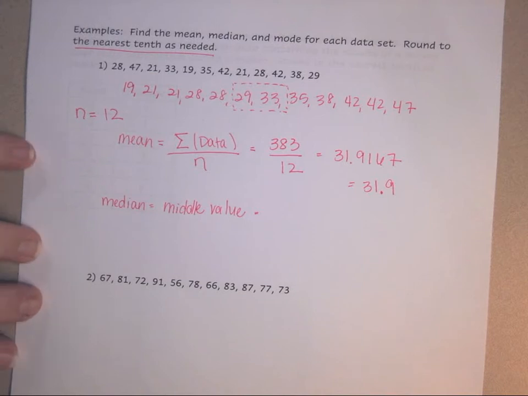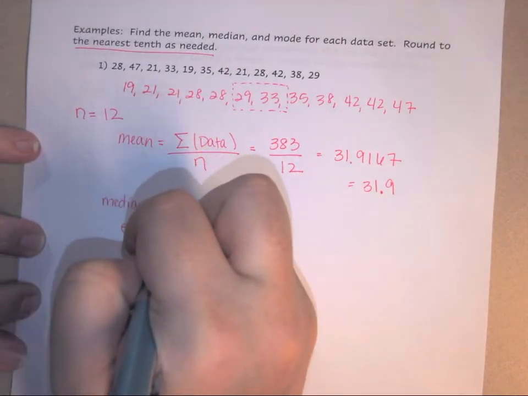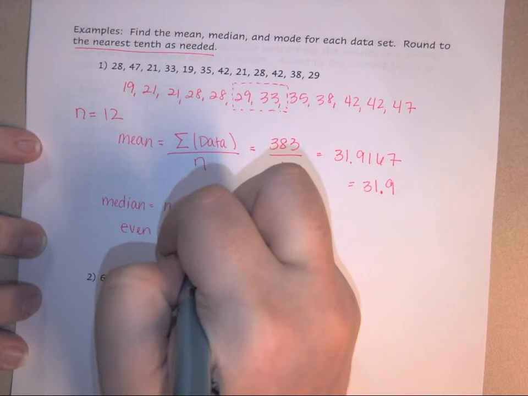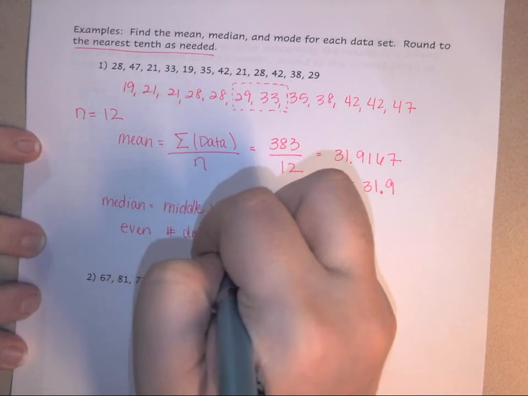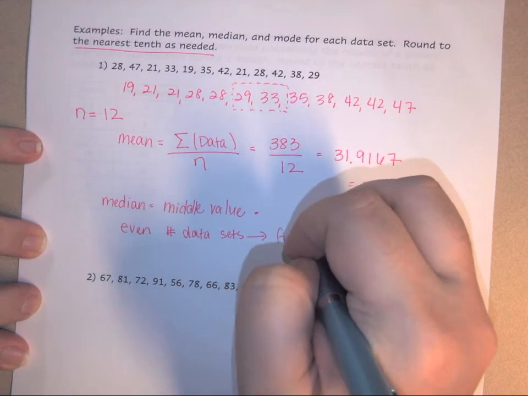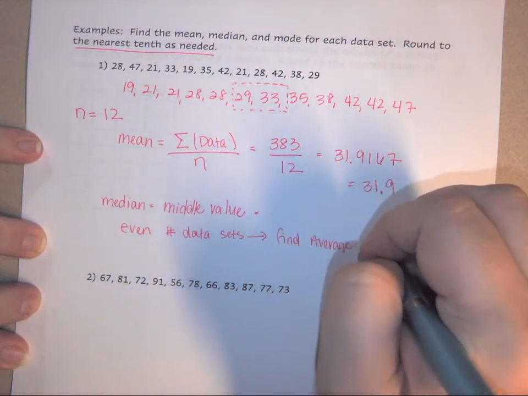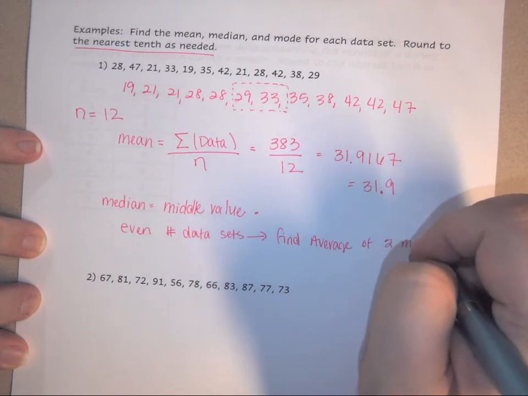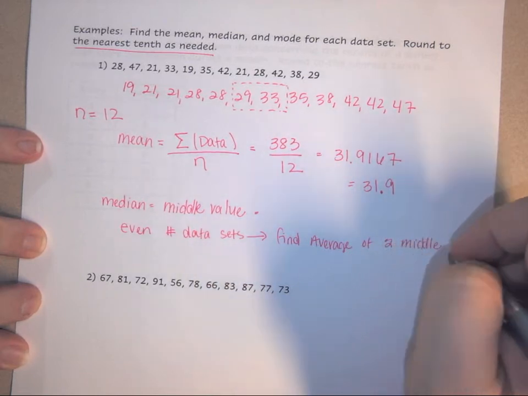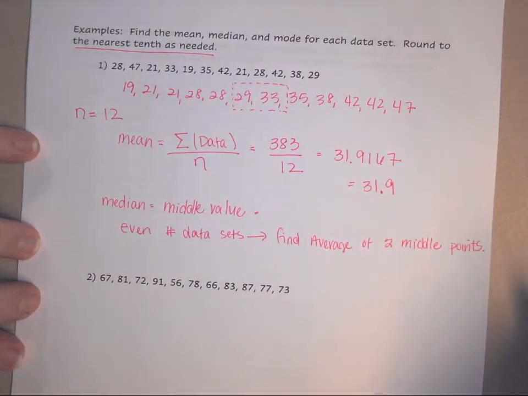When we're talking about the median for an even number of data points, that means you are going to find the average of the two middle points.